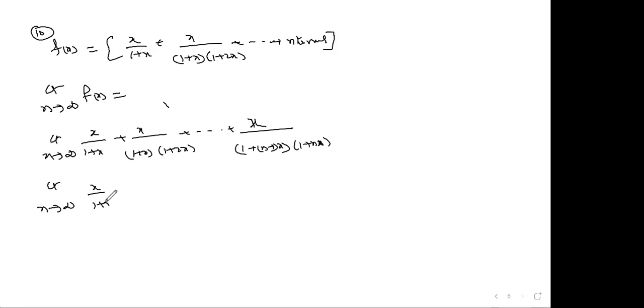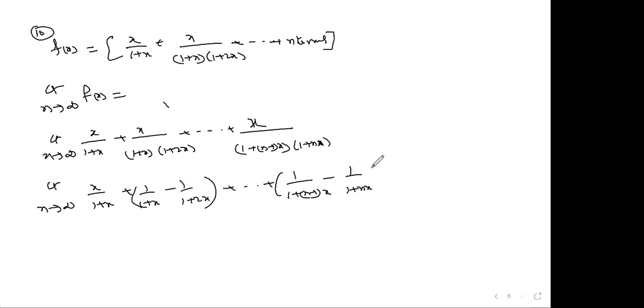X divided by 1 plus x, I want to split this in this way: 1 plus x minus 1 by 1 plus 2x. This is the one. It will go on like that, and finally 1 plus n minus 1 into x, minus 1 by 1 plus nx.